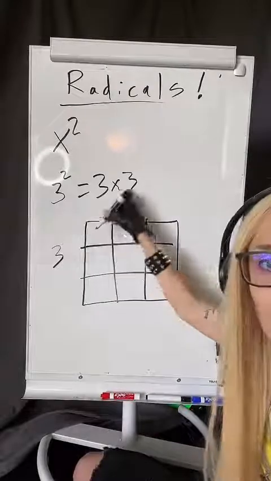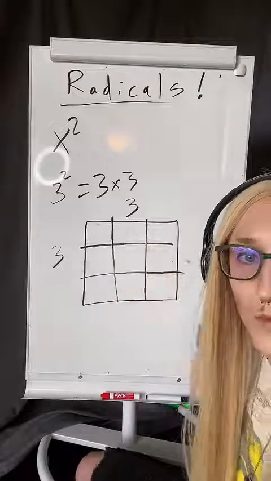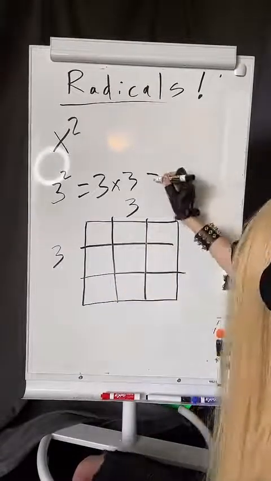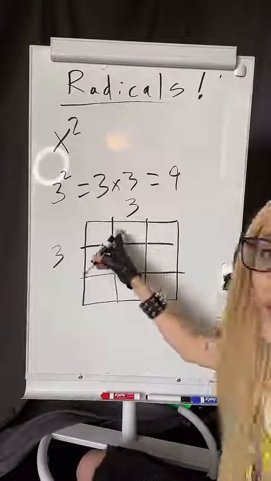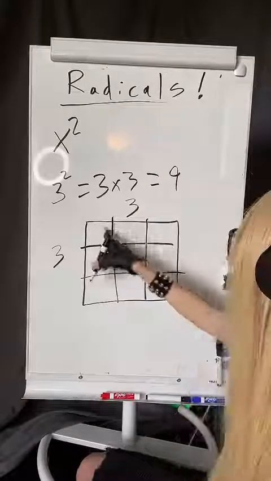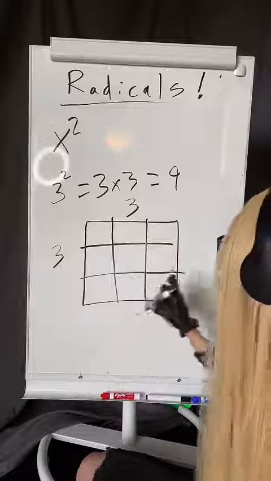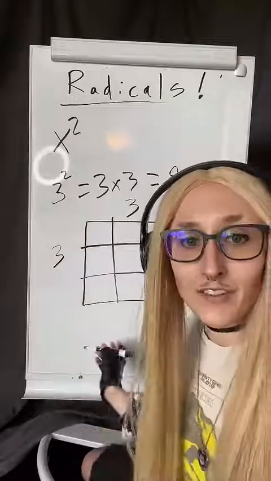These are all ways to write 3 squared. And we get that 3 times 3 is 9. If I were to count up all these squares, I've got 1, 2, 3, 4, 5, 6, 7, 8, 9. Bam! It's all the same.